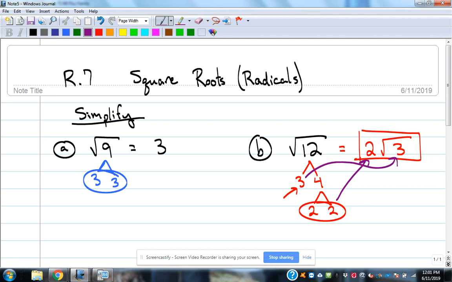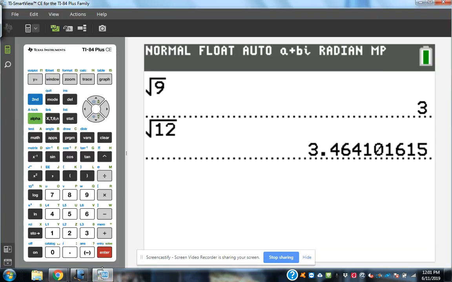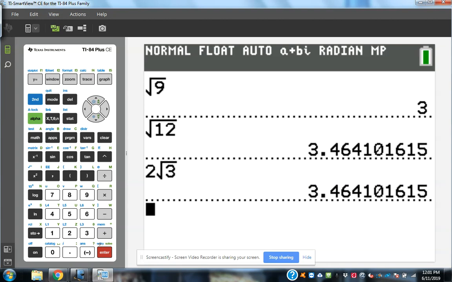Anybody that doesn't have a partner goes back in. Now, on the calculator, if you wanted to check, make sure that's the same number. We did square root of 12. We got this decimal. If I did 2 square root of 3, I better get the same decimal. It is exactly the same. So that tells me, hey, I simplified it correctly.